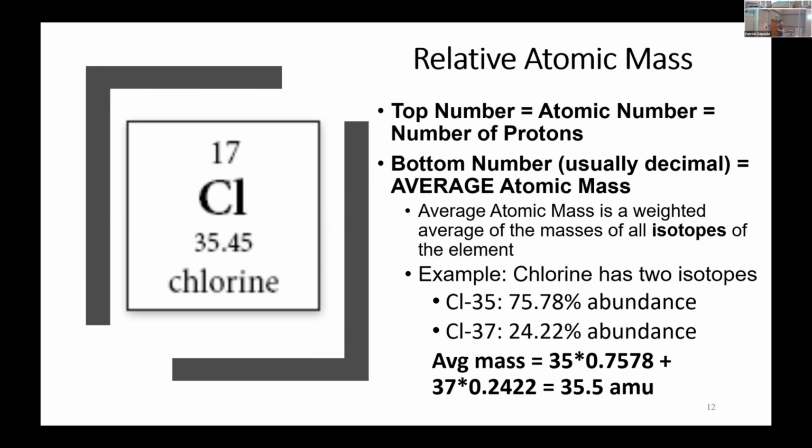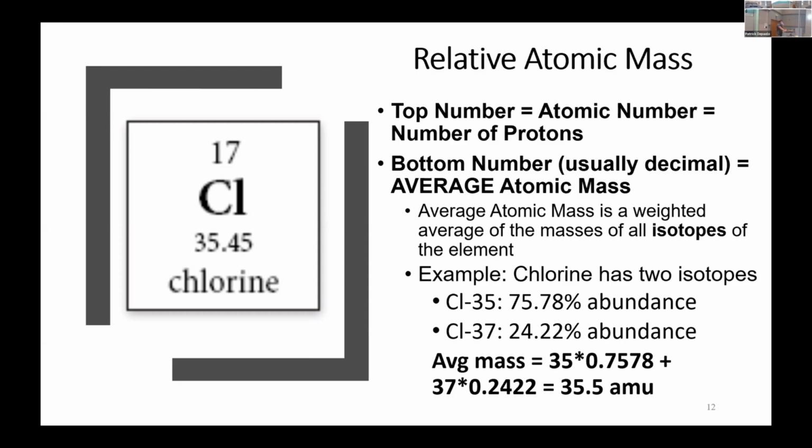So we'll talk about this average atomic mass right now. What it means is, it is a weighted average of all the different isotopes that are naturally abundant of that element. What isotopes are, which we'll cover in the next slide, are versions of the same element that have a different number of neutrons and therefore a different mass.